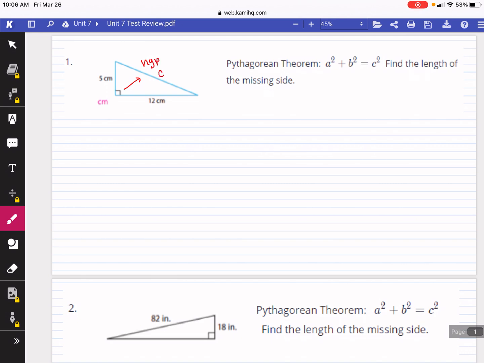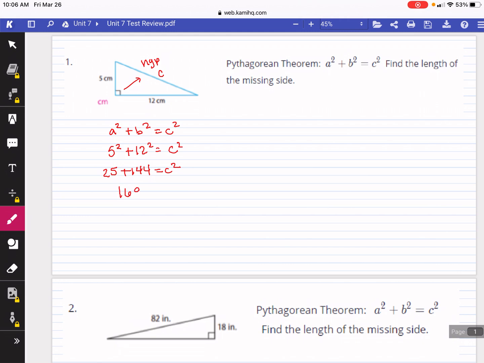So here I'm going to plug into a squared plus b squared equals c squared. For a and b, it doesn't matter which order you use those numbers. So I have 5 squared plus 12 squared equals c squared, and I'm going to keep solving for c. 5 squared is 25, and 12 squared is 144.